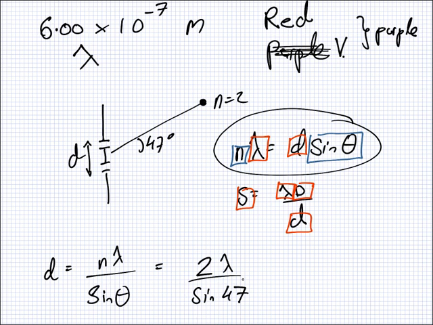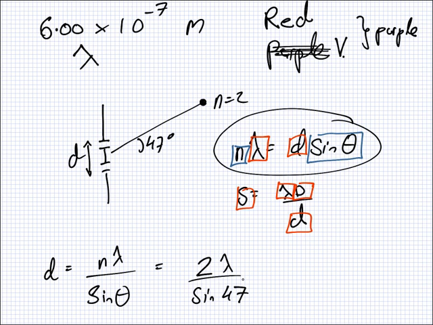Now, hang on, hit the pause button. Whoever wrote this exam was being very careful with their English, as we saw in the last question. Matt, can you read the question part to me again? The narrow beam of purple light is incident normally on a plane diffraction grating.